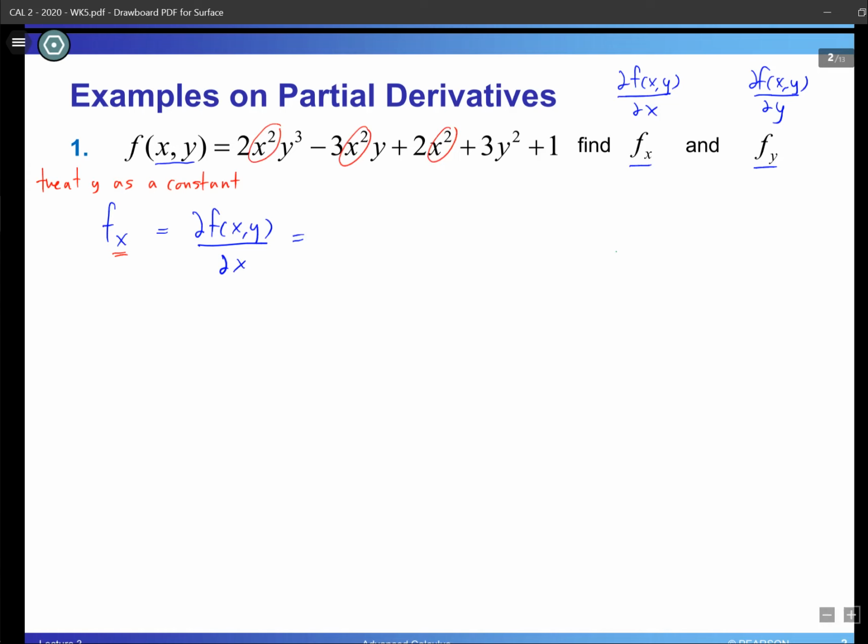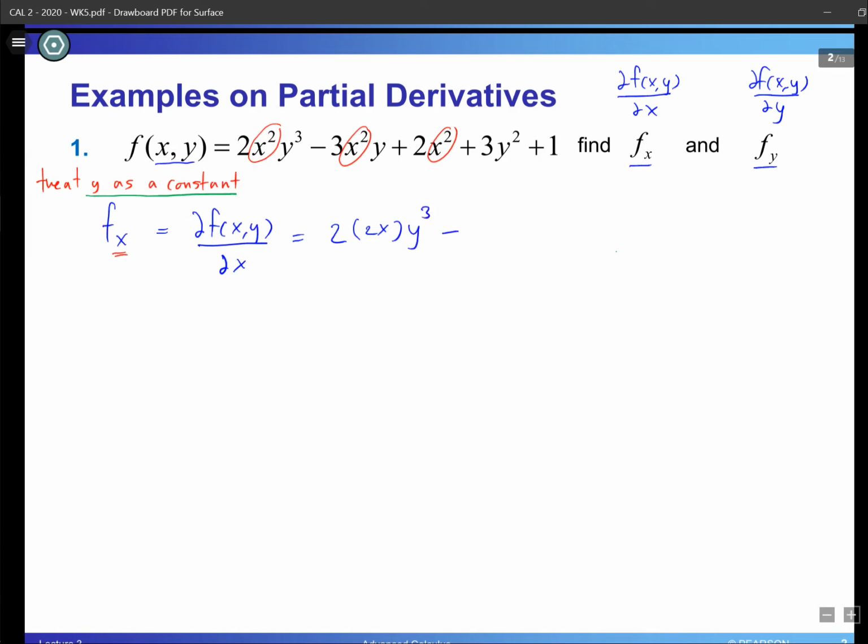I am going to differentiate all of these terms. In the first term, the 2 is going to stay the same because it's a constant and it's multiplied in. Here I have to differentiate x squared. I get 2x. Y cubed: here y is a constant, as I told you earlier, and this is multiplied in, so I leave it be. Y cubed stays the same.